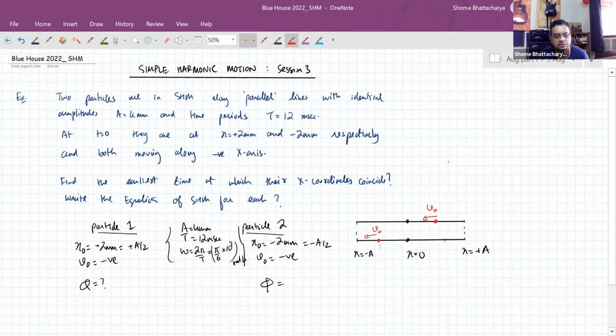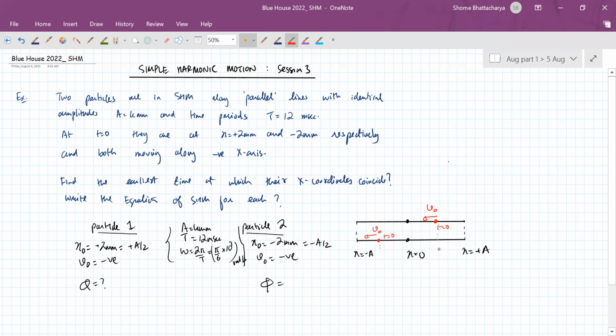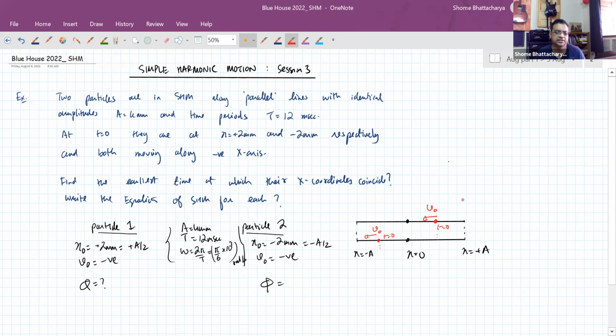This one will be here and like this. So at some point of time they'll cross each other. That is when for the first time their x coordinates coincide. They are both doing SHMs parallelly, so they are crossing each other periodically.